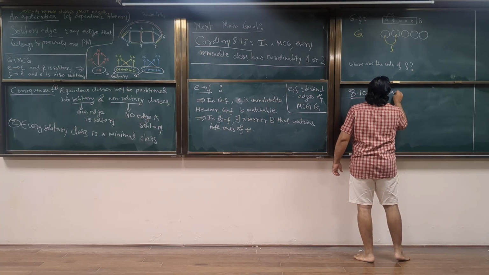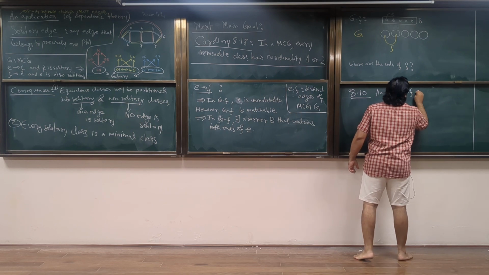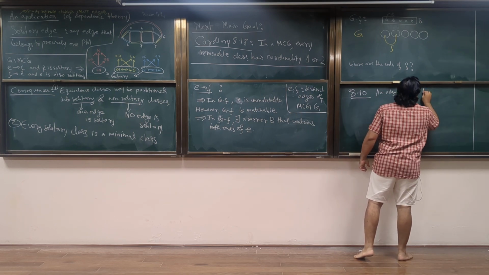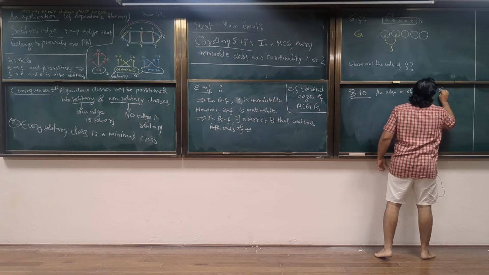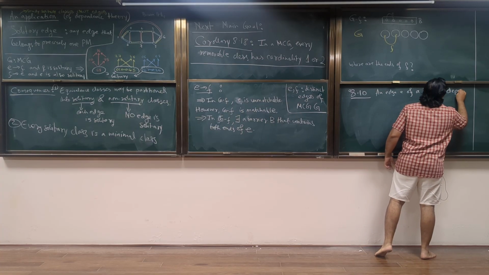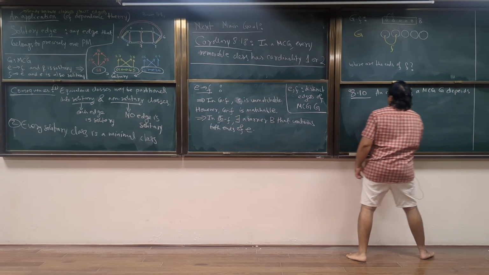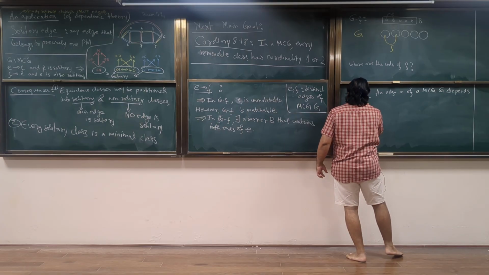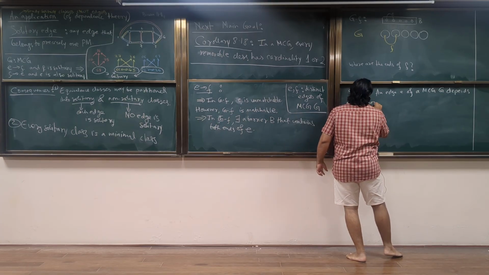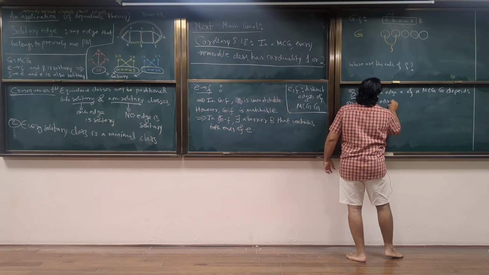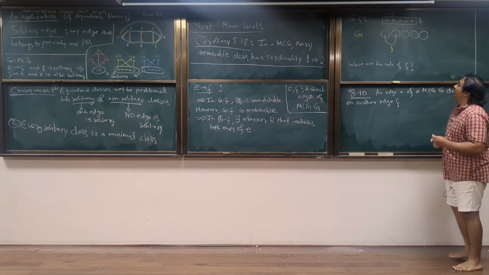An edge E of a matching covered graph G depends on another edge F. This is how we started.